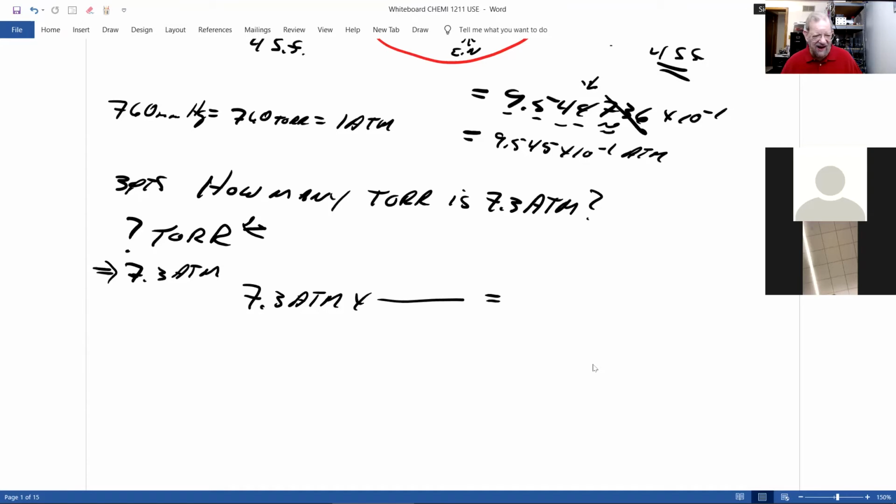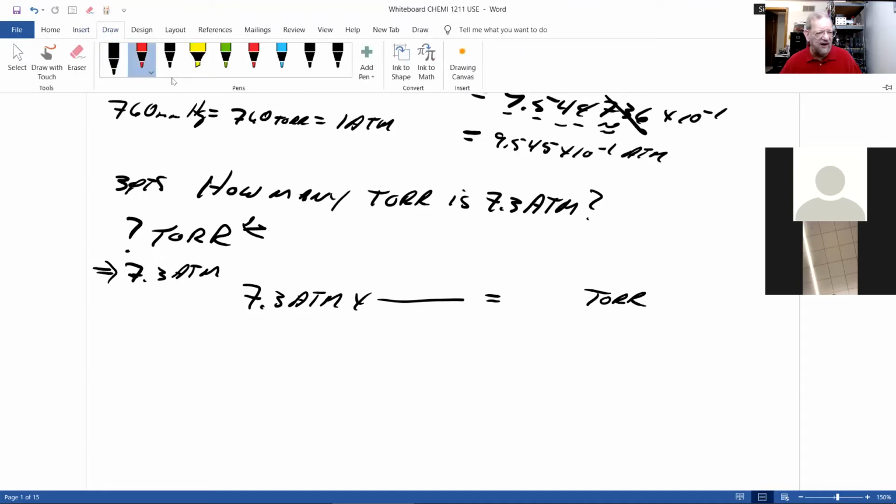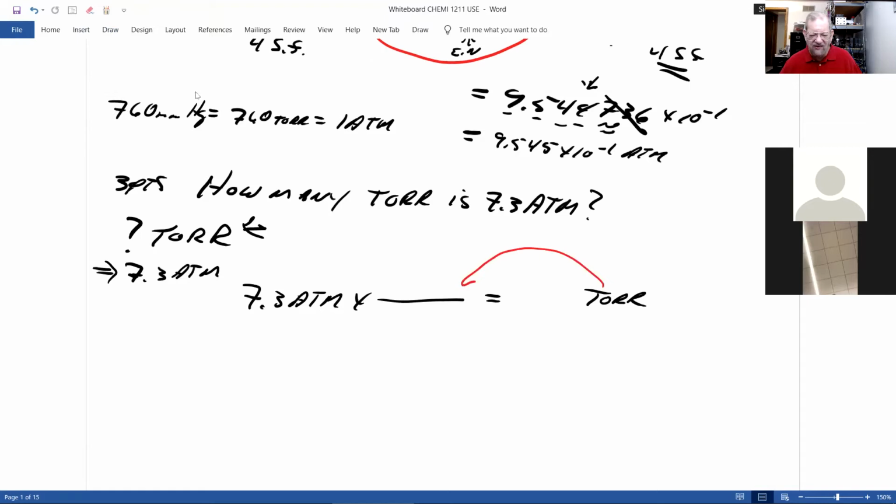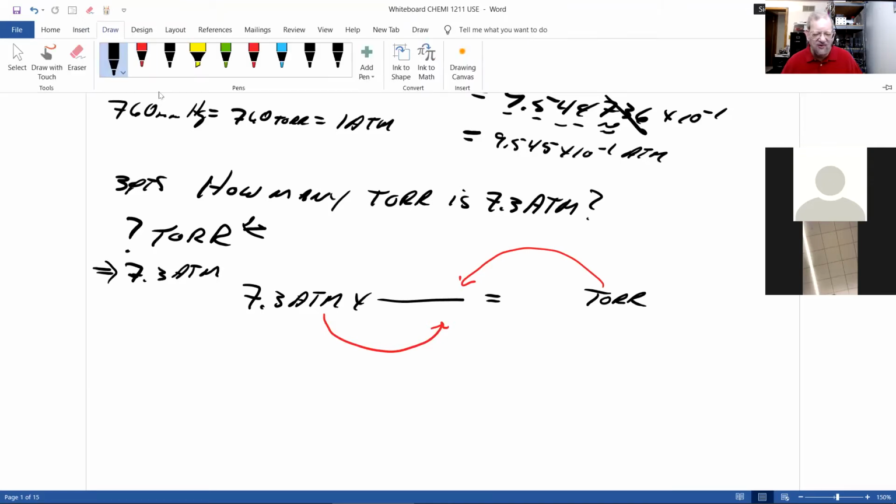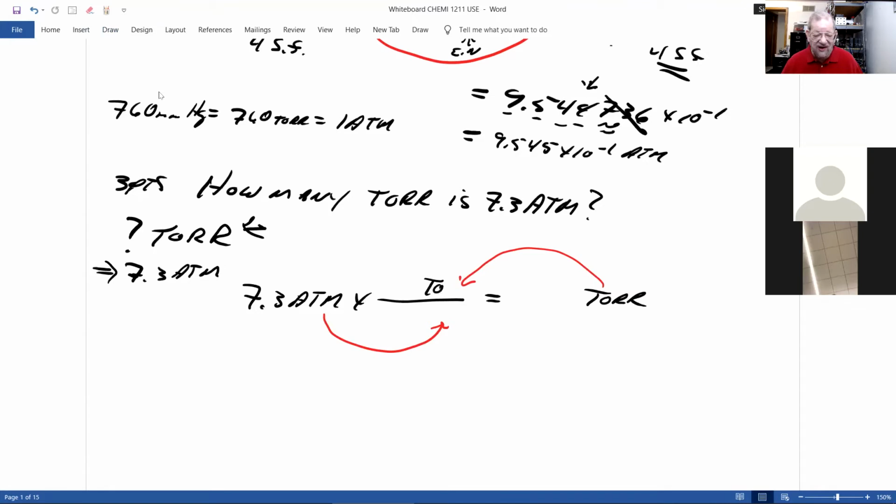Well, I figured that out. Torr. And now I'll use my good buddy, my good friend, unit analysis. Whatever I'm trying to get to goes on top of this ratio. Whatever I'm trying to get rid of goes underneath. As I started talking about yesterday, let the paper do your thinking. So write this down. Don't try and keep it in your head.